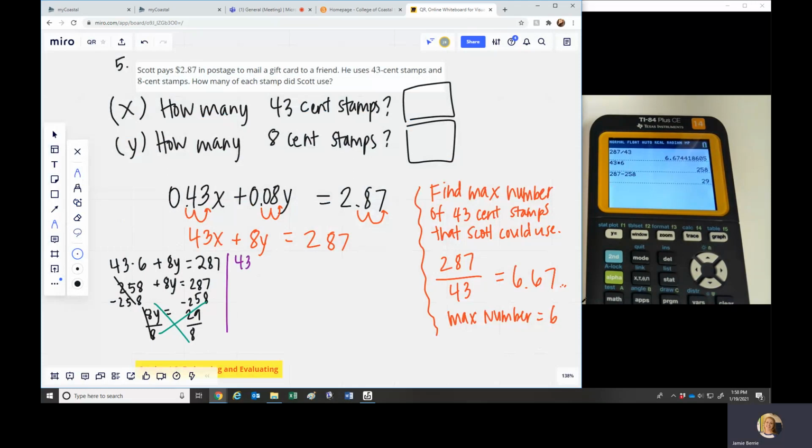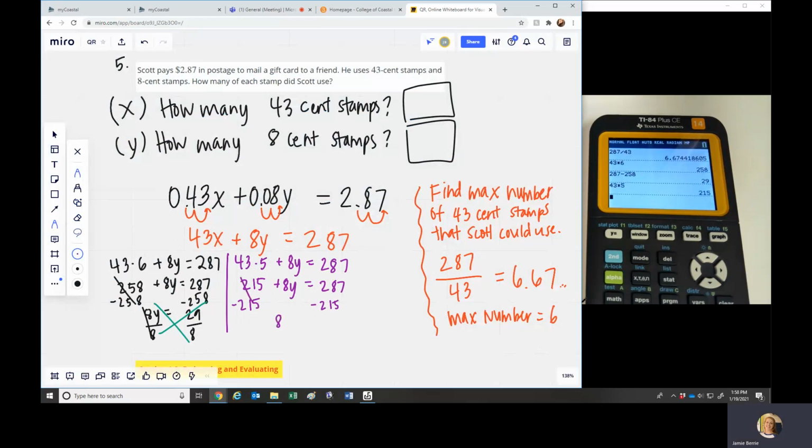Let's try 43 times 5. Let's say he used 5 of the 43-cent stamps. Everything stayed the same. I just changed the value of X, went from 6 to 5. All right, so 43 times 5 is 215. Now this process is going to be very similar. You're just going to subtract the 215 over.